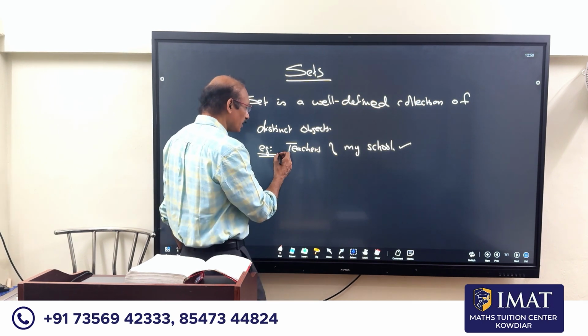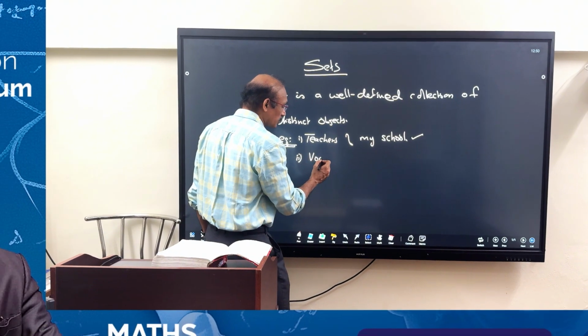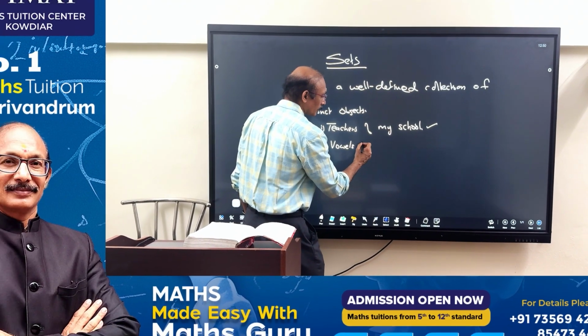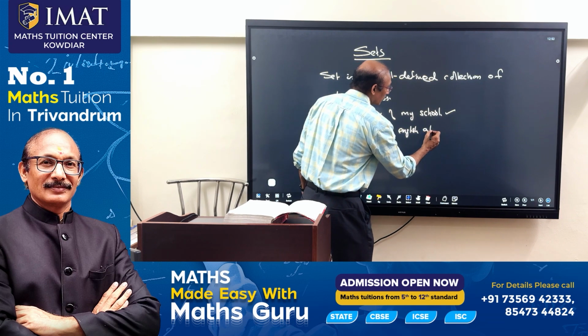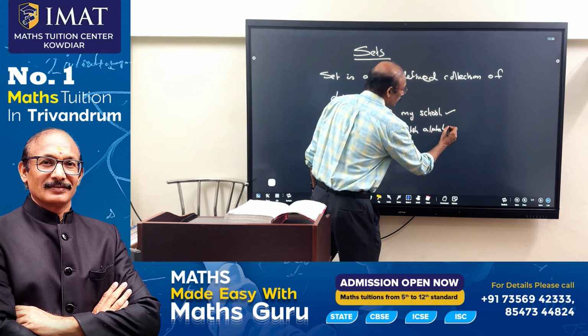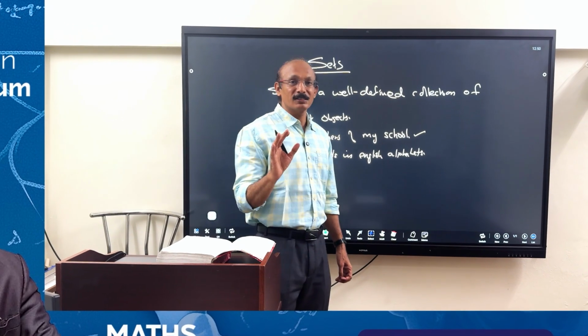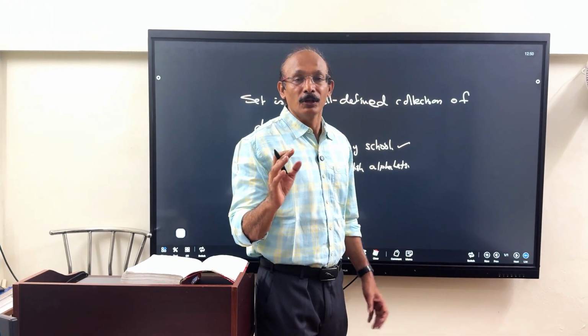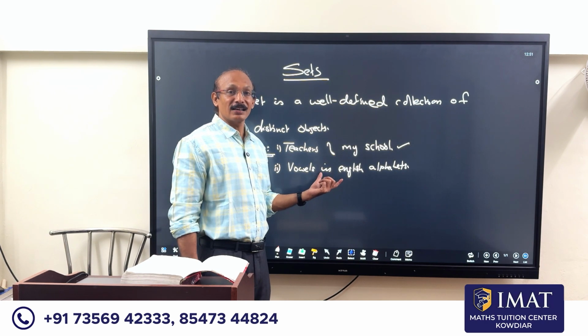Now, if I take another example, say vowels in the English alphabet. What are the vowels in the English alphabet? You know there are 5 vowels: A, E, I, O, U. So that's a well-defined collection, so you can call this collection a set.